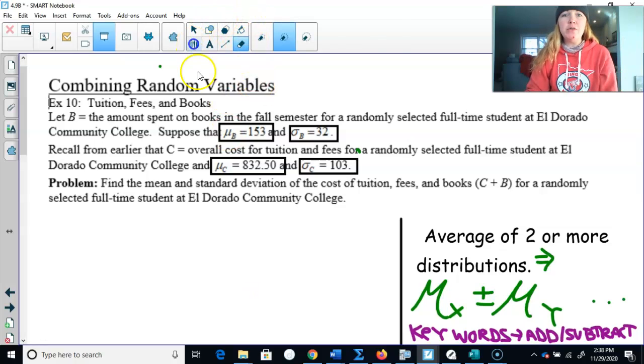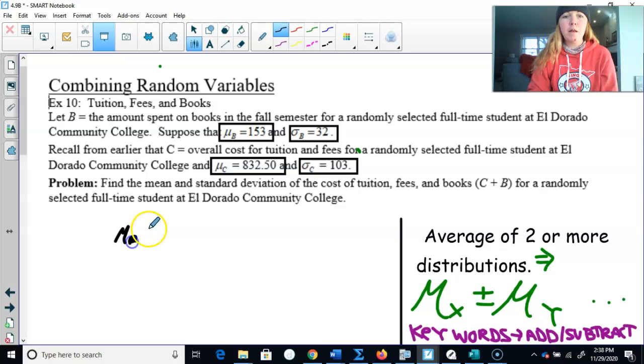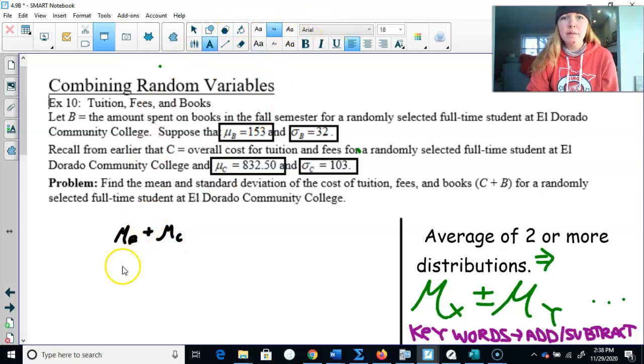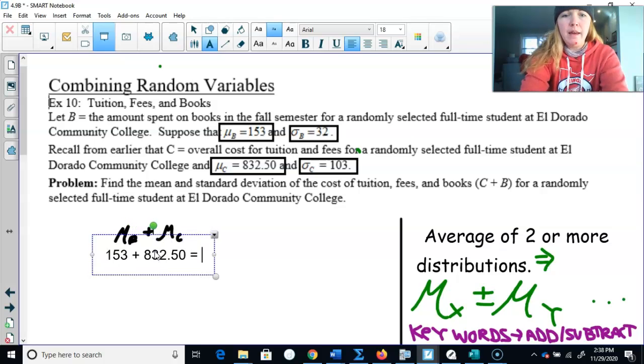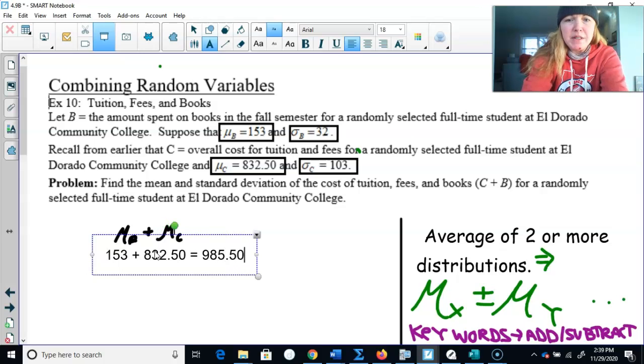So let's go ahead and do that right now. We would take mu of B plus mu of C. That is going to be 153 plus 832.50, and that gives us a combined average of $985.50.